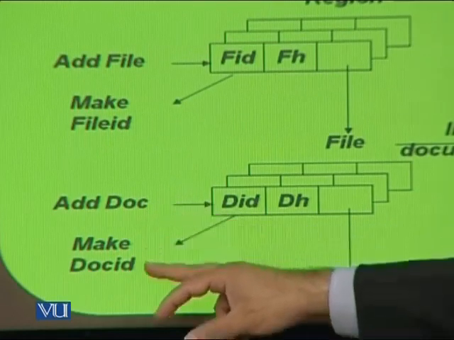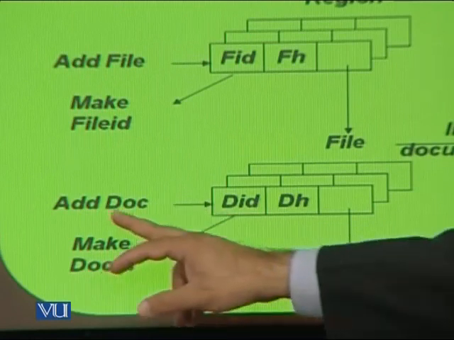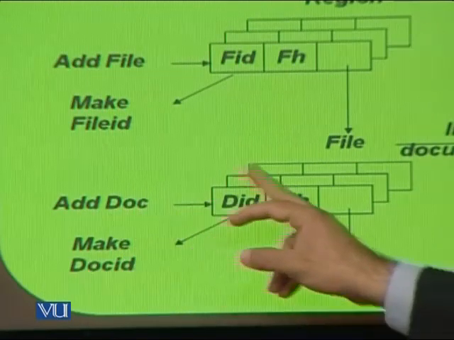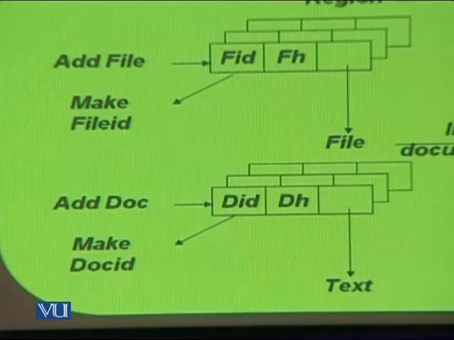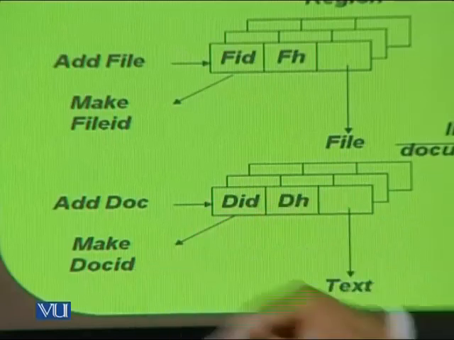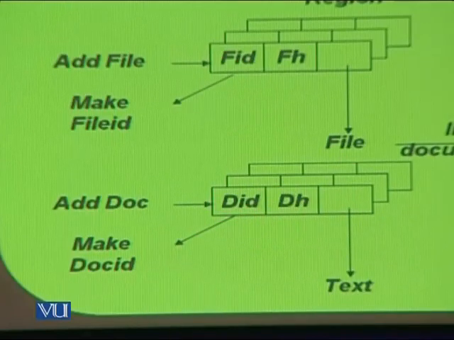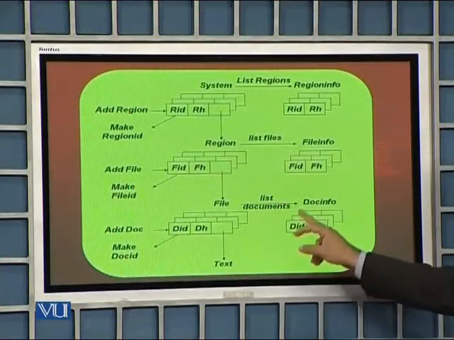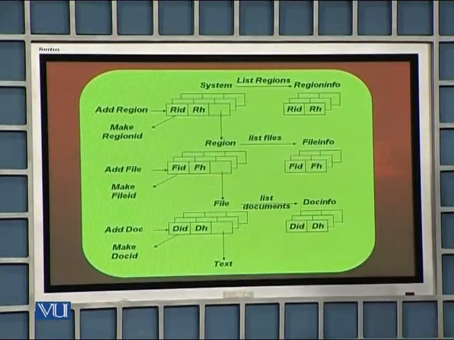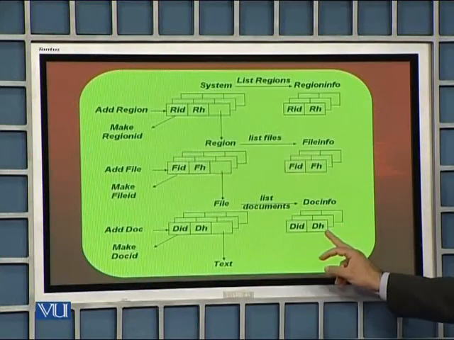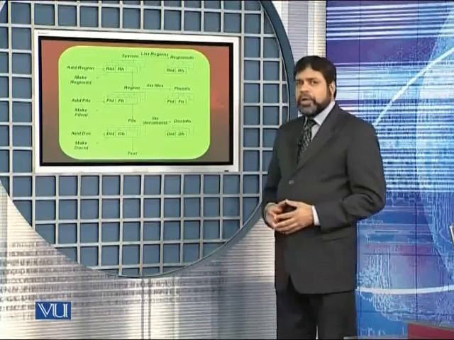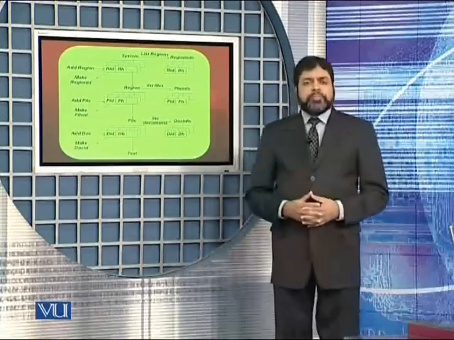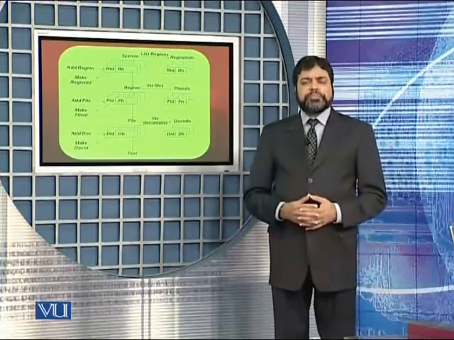Once again, the same kind of operations. We have add doc, which will create a new doc and put it into a file and return a unique ID. We should be able to list documents, which will give us a list of all the documents with their document IDs and the document header. So here we have this system.